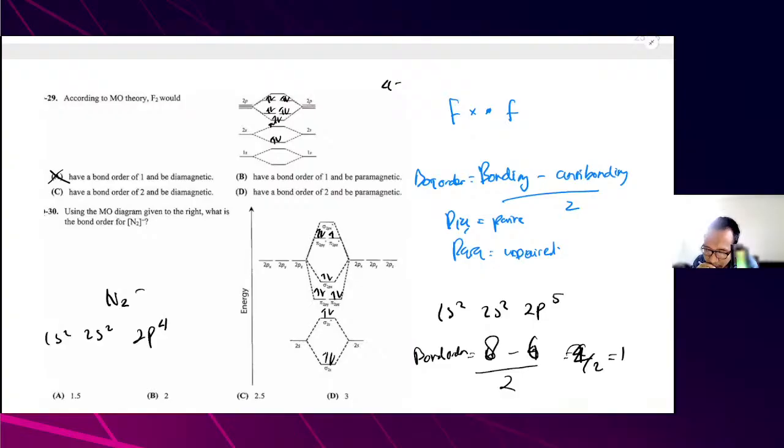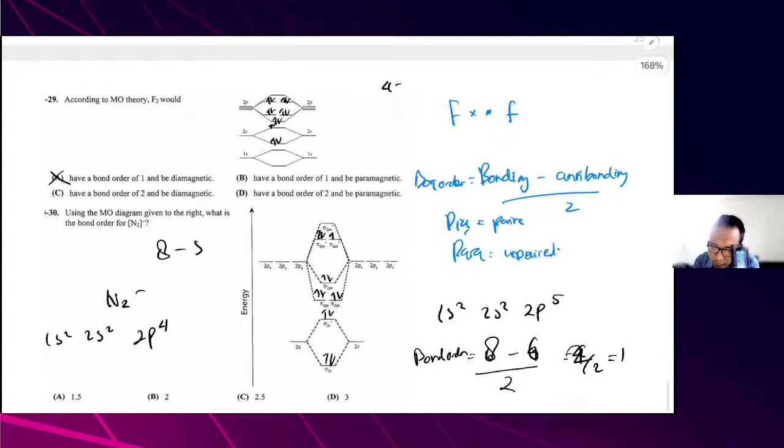Okay. So how many bonding over here? 1, 2, 3, 4, 5, 6, 7, 8. 8. 1, 2, 3, 4, 5. 5. Number 30, A.